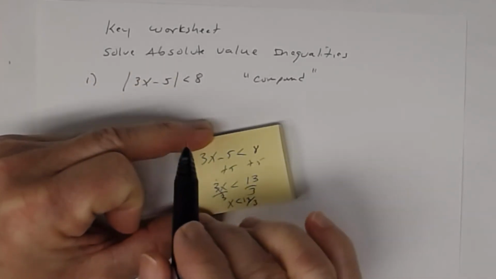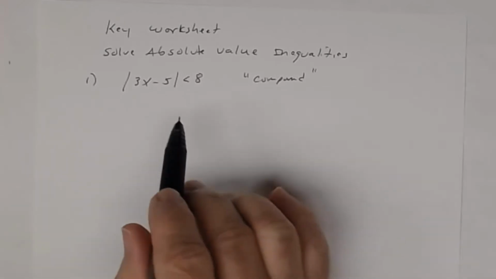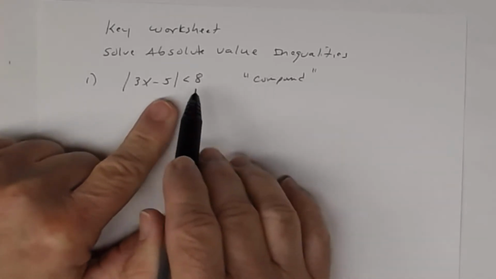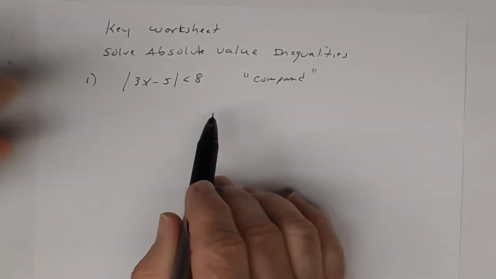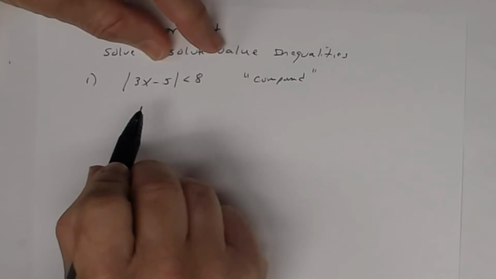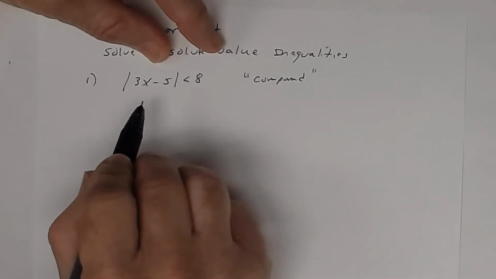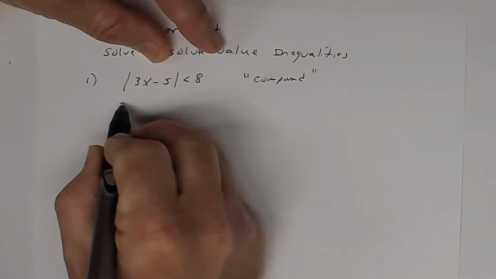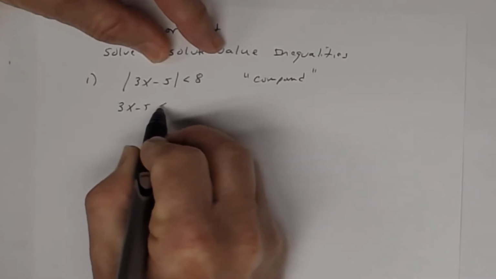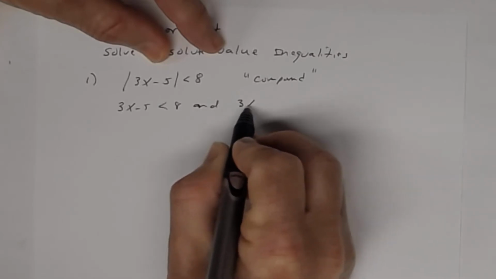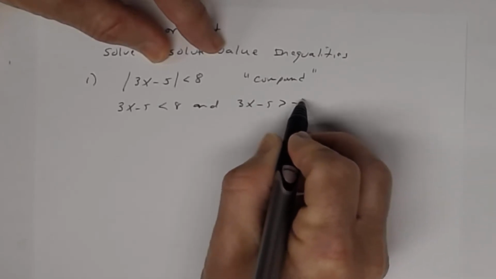Don't confuse the two. When solving an absolute value less than inequality, we're going to change it to a compound statement, and you're going to write it like this. Listen carefully. First of all, think like this: 3x minus 5 is less than 8, and at the same time, 3x minus 5 is greater than negative 8.